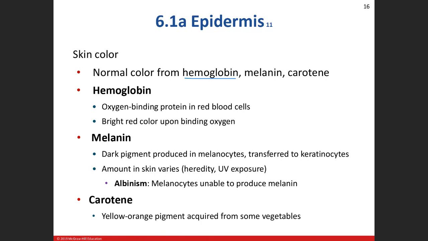Okay, oxygen binds on to this molecule, so it can be carried in your red blood cells. All right, so when we think of hemoglobin, you have to think of the blood vessels. Okay, melanin, all right, that's that dark staining chemical that the melanocytes make, all right, and it covers your nucleus when you're exposed to ultraviolet radiation. Okay, and it gives some folks a darker skin tone.